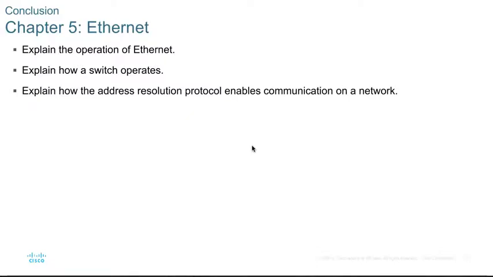I also said that switches use a CAM table, in which they learn about every single device connected to them and what their MAC addresses are, and that's how switches, unlike routers, use MAC addresses to forward frames from one port to another port. So we're done with the chapter. Next part, we're going to move on to the lab.